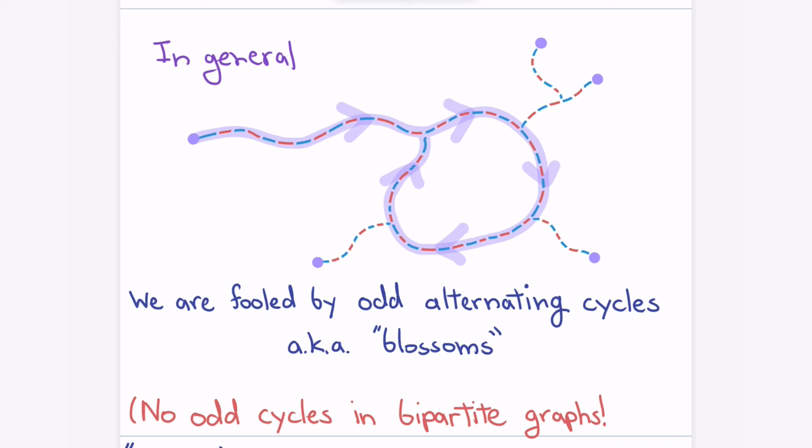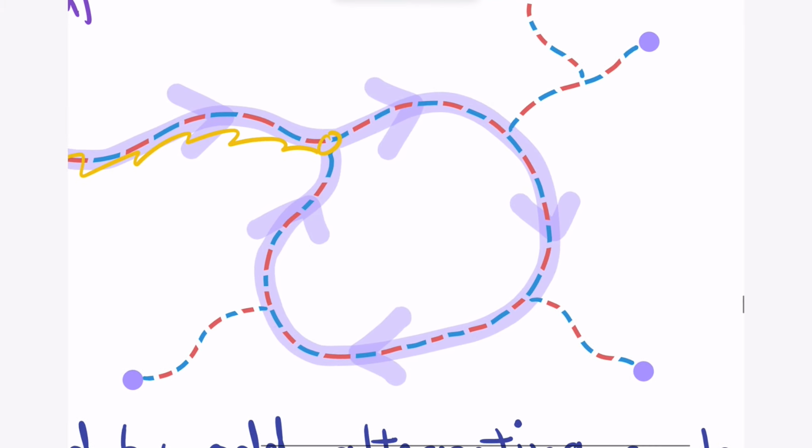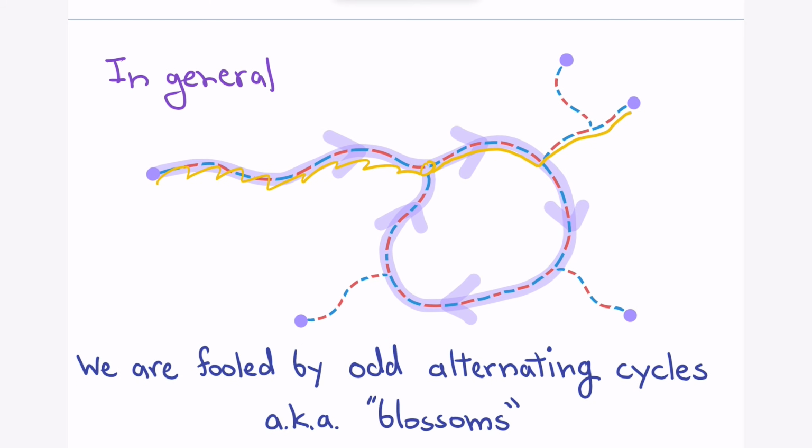Now, this odd cycle can be deceiving, because, for example, there are augmenting paths in this graph. You can go like this, and then you enter this vertex, and you can go this way: blue, red, blue, red, blue, red, blue, red, blue, red, and then out this way: blue, red, blue, red. There are augmenting paths. So just because you found this odd cycle, remember, with some kind of search algorithm you're just walking along, you can't anticipate which turn it's supposed to take.